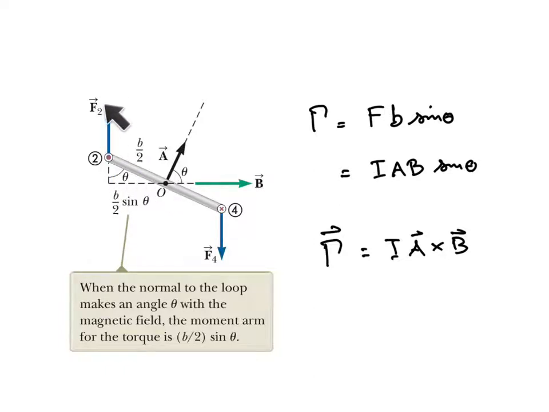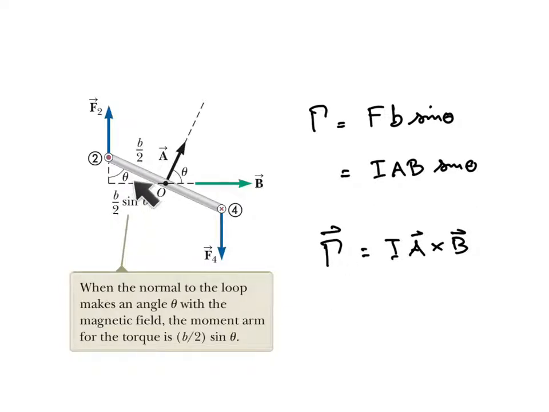If we draw a line from the axis perpendicular to F2 and intersect it with the line of the force, we have this distance now as b/2 sine theta.